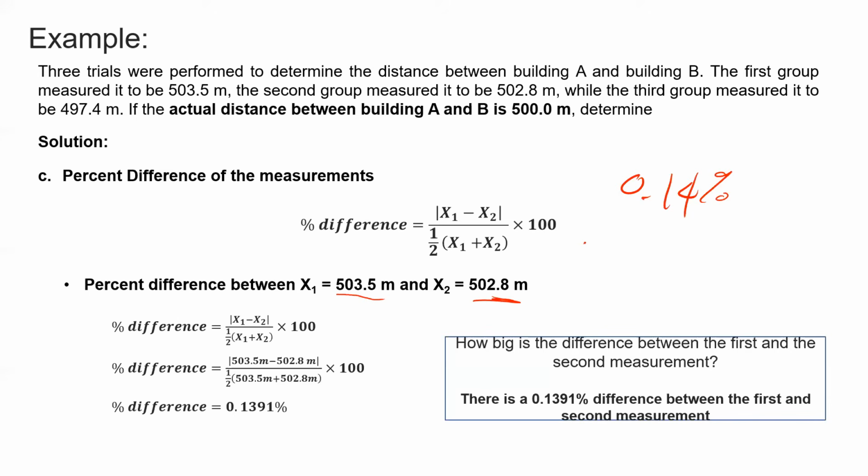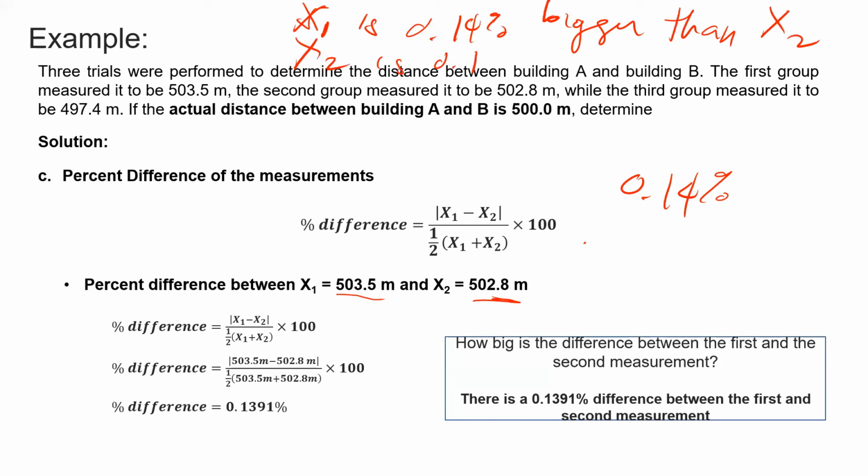So pwedeng ang statement natin dito is that x sub 1 is 0.14% bigger than or larger than x of 2. Or pwede rin na x of 2 is 0.14% smaller than x of 1.